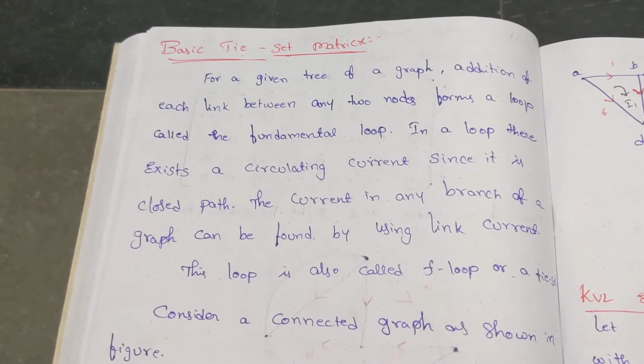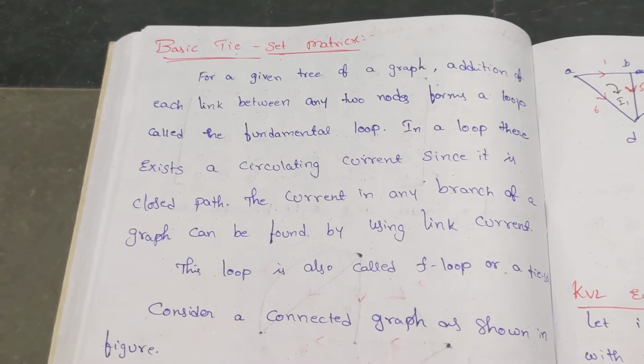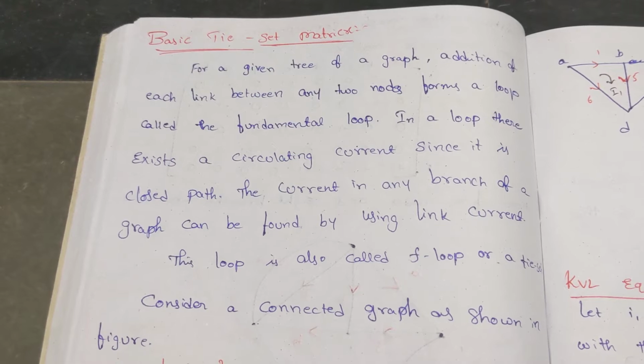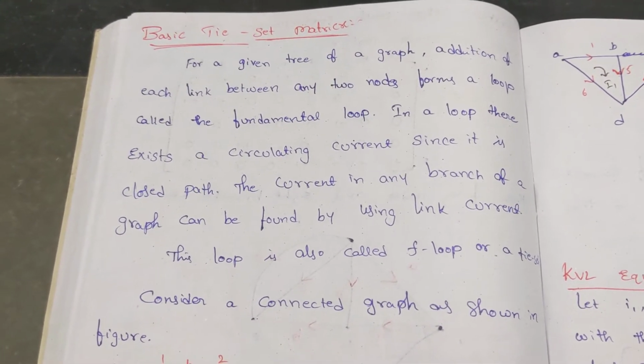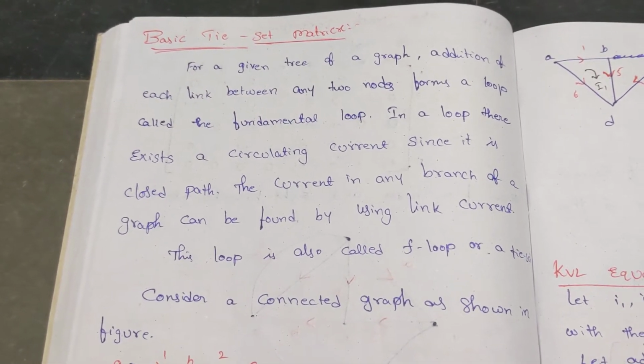That means no branch is intersecting any other branch. If they intersect each other, that means the graph is oriented in a three-dimensional way, and that comes under non-planar graphs. But in your syllabi we have only planar graphs.